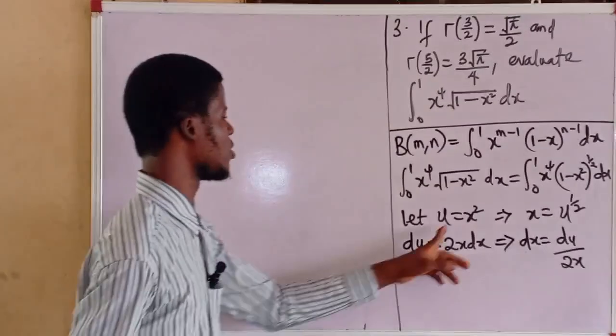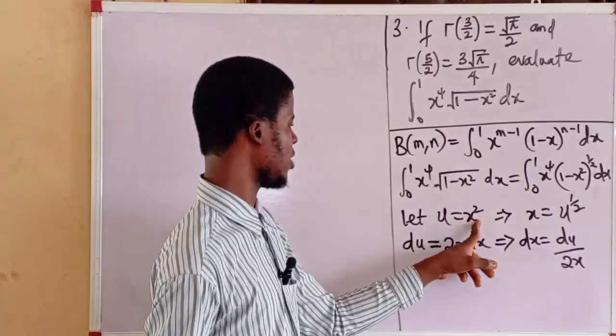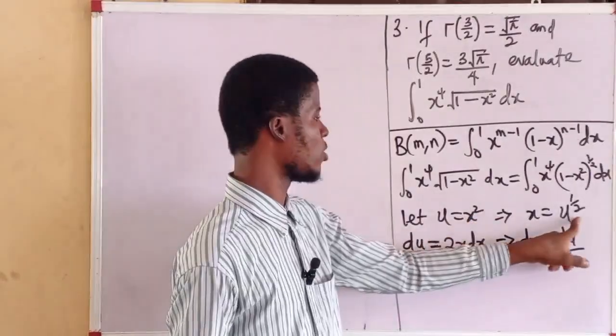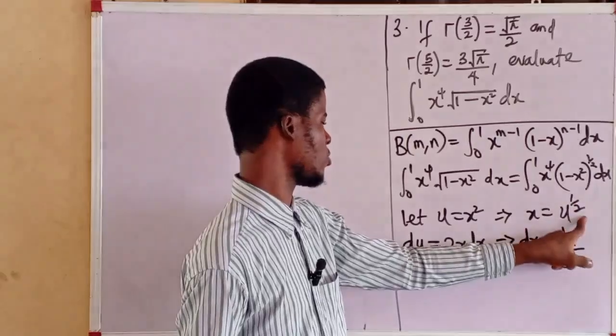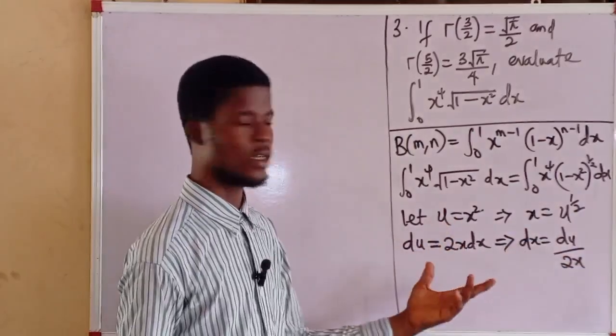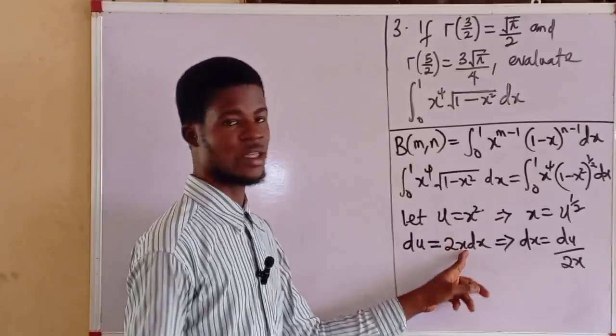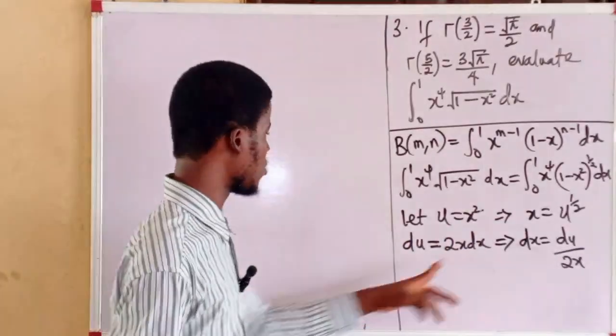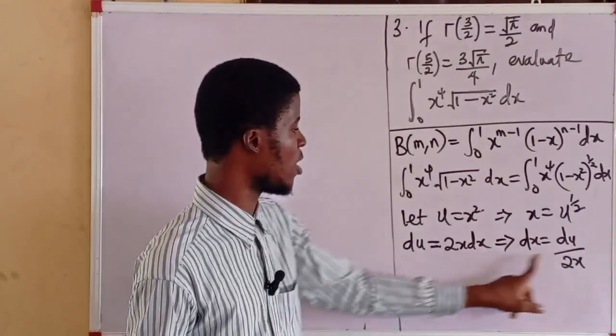You get it? We set u equal to x squared, and from here we made x the subject of the formula. We got u to the power of 1 over 2. From here, we differentiated u with respect to x, so du/dx is 2x. Cross multiplying, du equals 2x dx, and we made dx the subject of the formula. We got this.